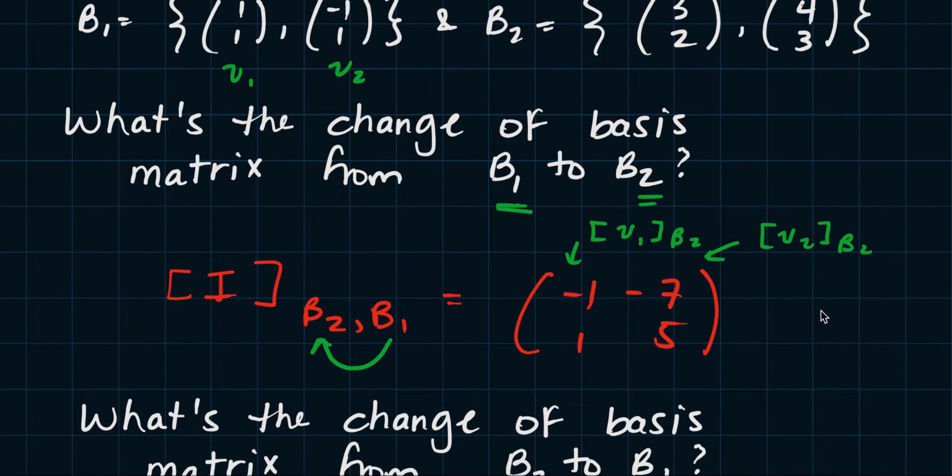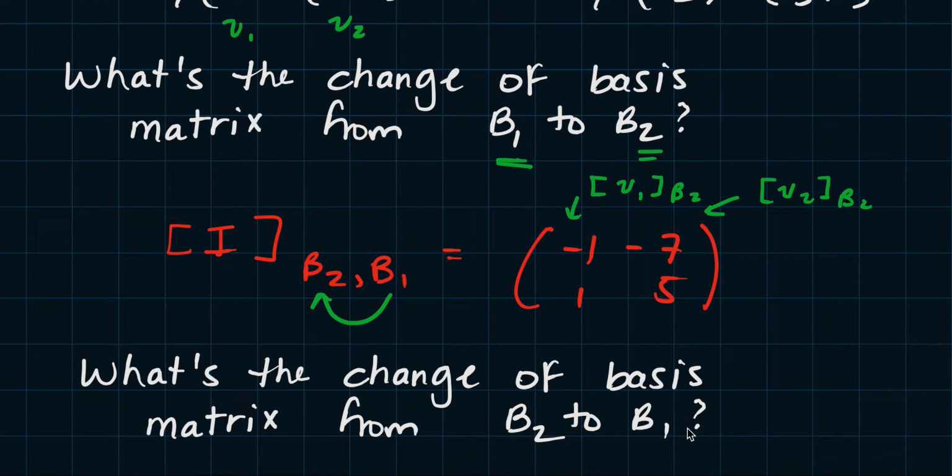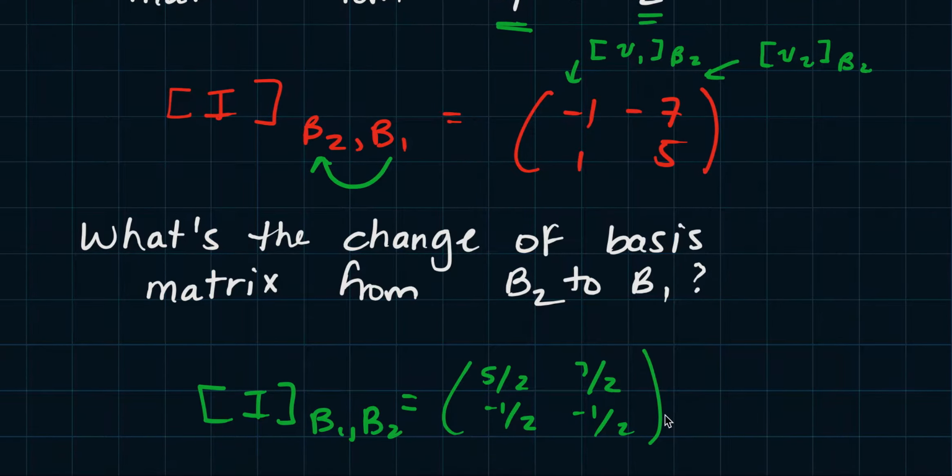Once we found this change of basis matrix, we were asked to find the change of basis matrix from B2 to B1. So again, we put B2 on the outside because that's the one we're starting with, and we're going to B1, which we put on the left. We found this matrix by doing something similar.